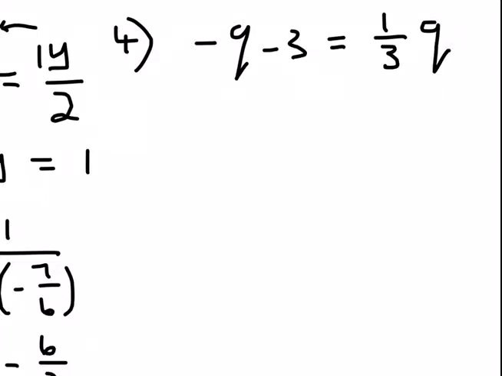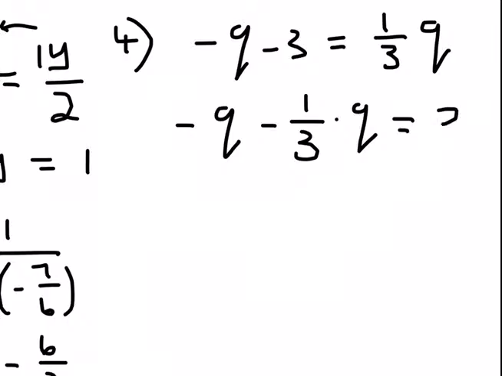So you can see that it is any letter that can be used. So what I know is that I want to have these letters on one side. So I'm already having negative 1q there. Then I will take this to the other side, where I will take that 3 to the other side.